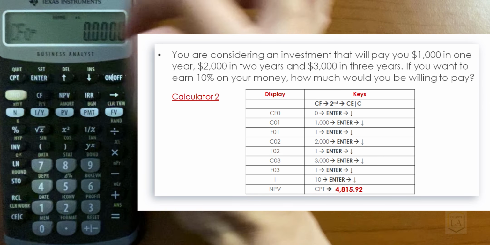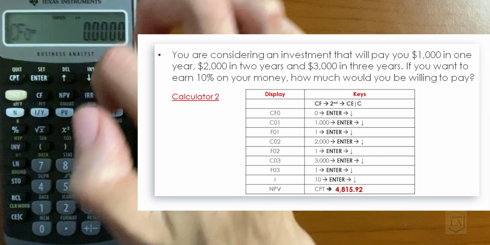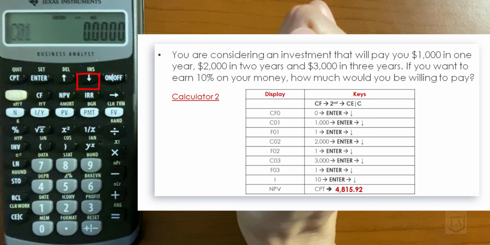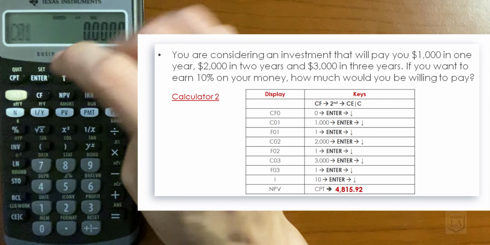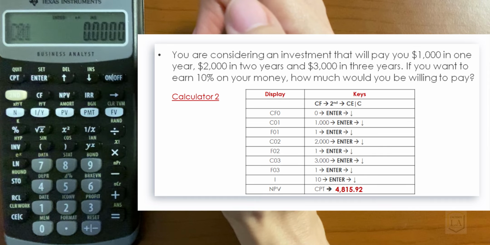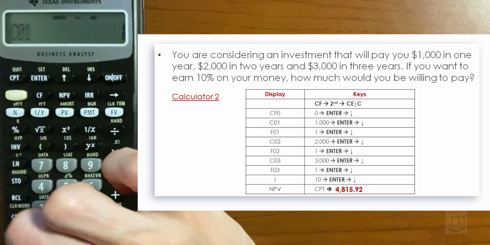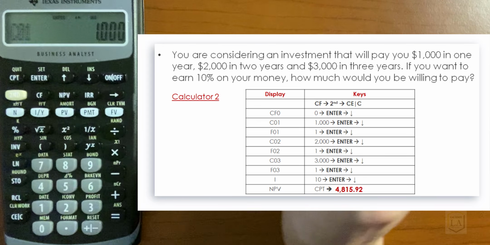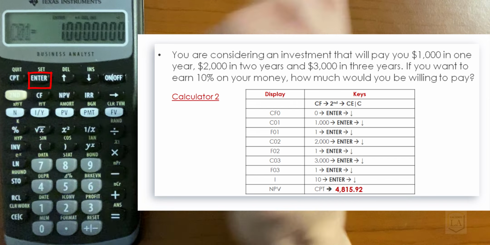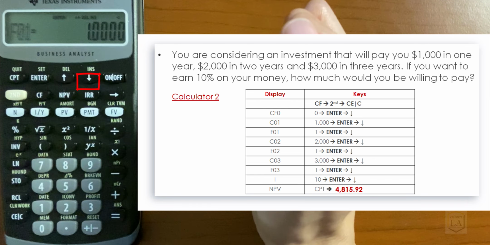All right. Now you're ready to input all the numbers. Cash flow in year 0 is 0. So you will just keep it as is and then enter, down arrow. Then you'll see C01, which is cash flow in year 1. You will have 1,000 in year 1. So it's just input, enter, and then down arrow.